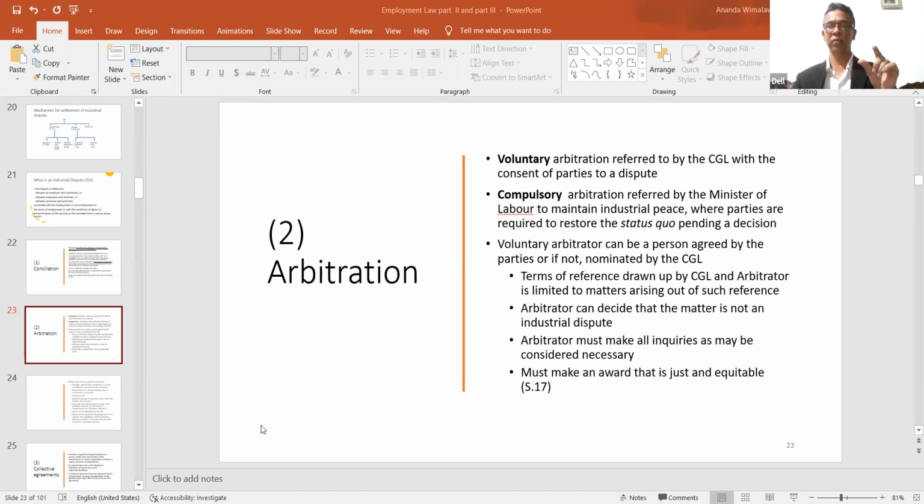Next bullet form: arbitrator must make an award.